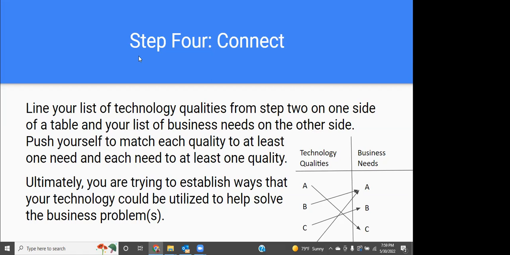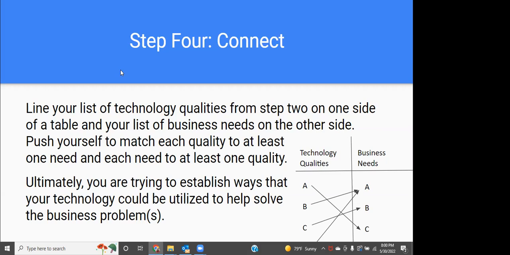So when you're finished with this 4-step process, you basically have a list of metaphorically described features and benefits of your technology, which are very easy to understand for lay people, and they are connected with business needs that companies in our community here need to solve. And after that, there's some marketing and sales and so forth that goes on.